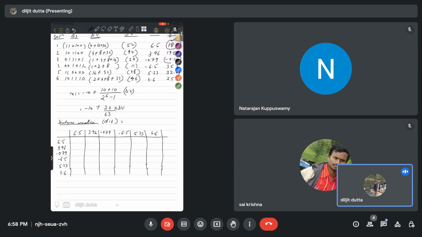And dij is di minus dj. We will take the absolute value, okay. We are taking the distance, which is always positive, so even if it is minus, we will take the absolute value only. 6.5 and 6.5 is 0.